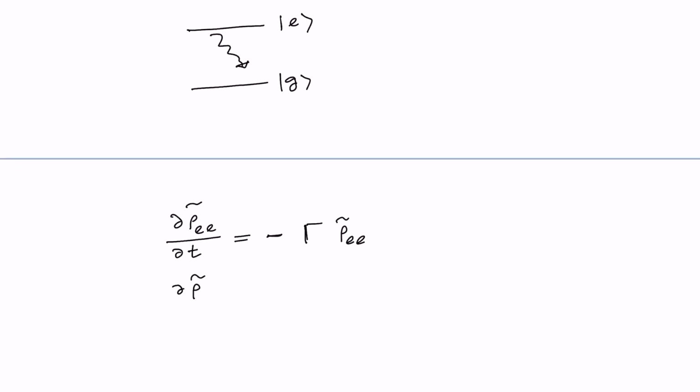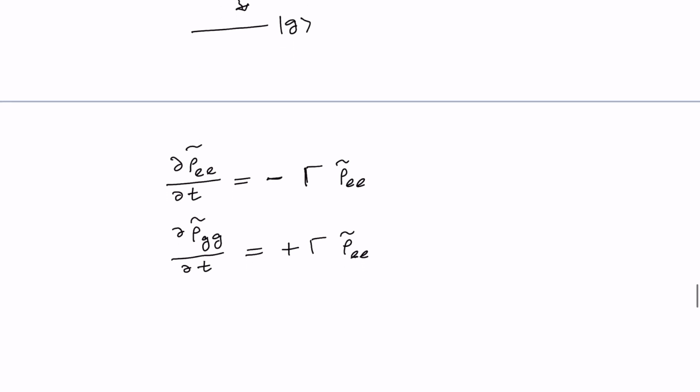So the ground state is now populated, so we can write it in this form. Because this population is going to the ground state, it would be plus capital gamma rho tilde EE, because the excited state population is going over to the ground state. And this gamma, as I said, is called the decay rate of the excited population.